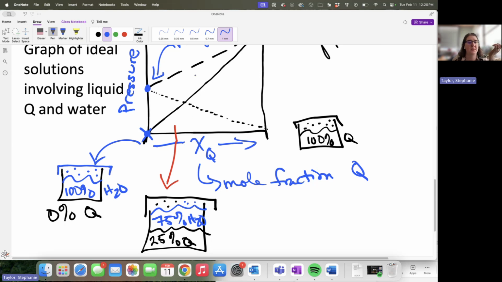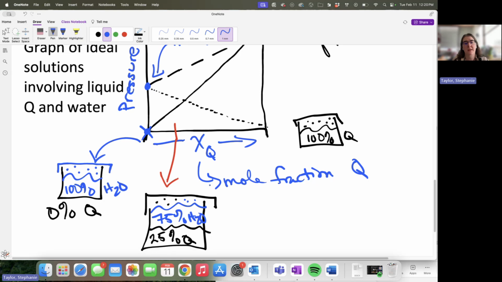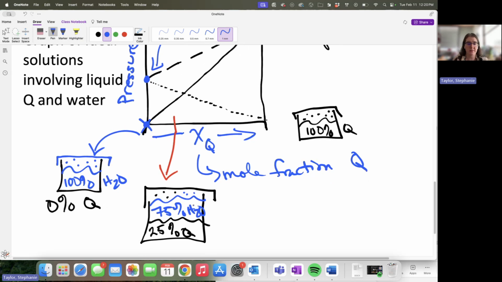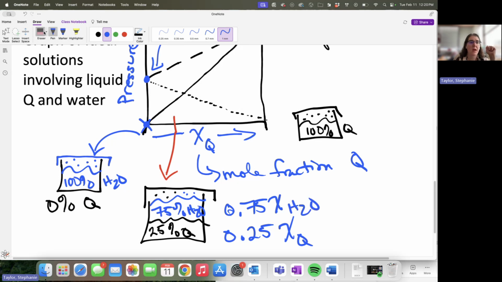But one of the things to note is that when I say 75% and 25%, that is also 0.25 mole fraction Q and 0.75 mole fraction water. And these are in the liquid phase. Since I'm on the x-axis, I'm dealing with the liquid.